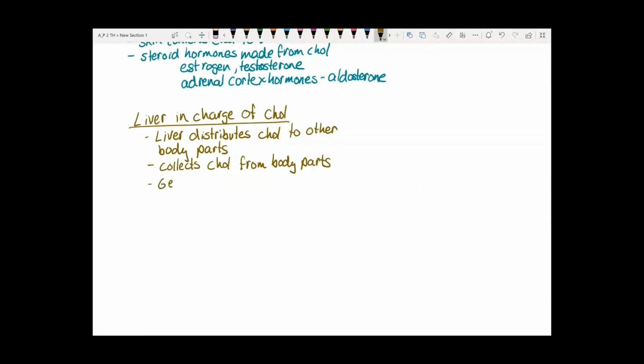So you have a genetic set point. And your liver keeps you at your set point by passing out cholesterol and taking it back.